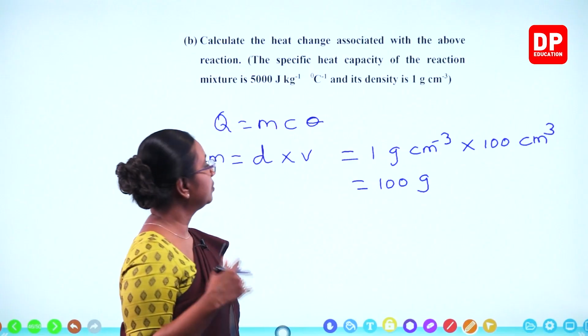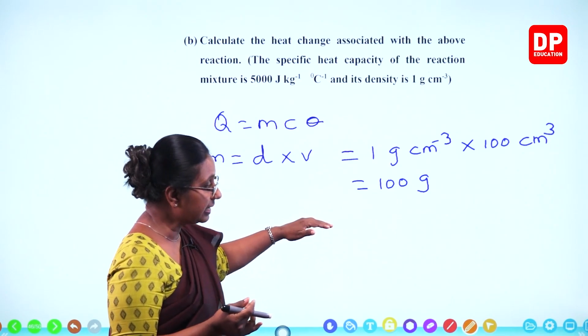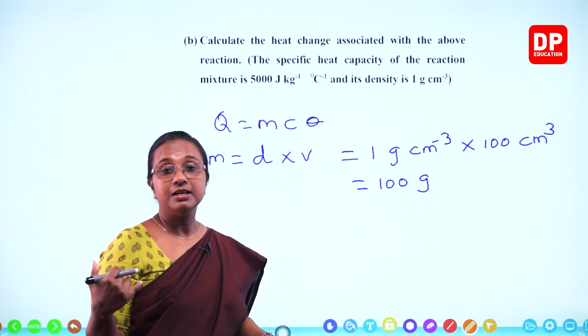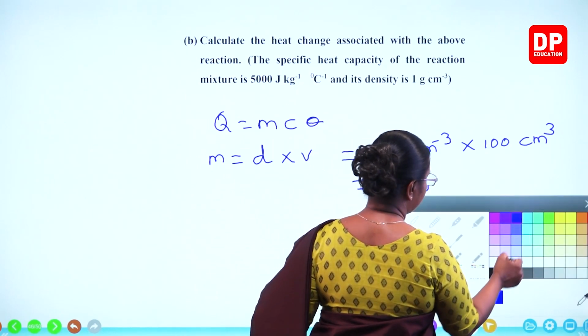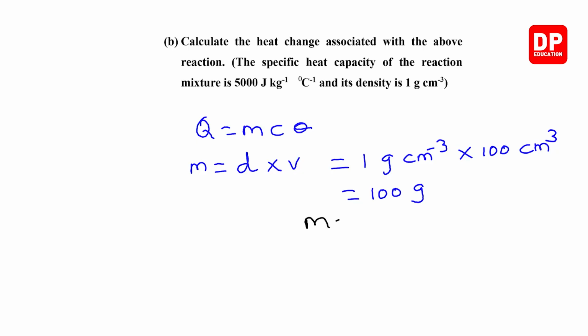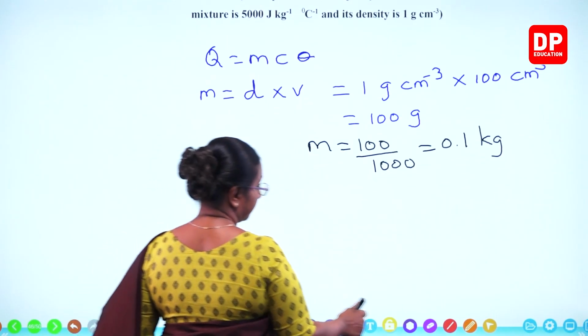But this also needs to be converted to kilograms. You can do that here, or you can do it with the calculation. So here I will write it with a different color. You can calculate the mass in kilograms. So that is going to be 0.1 kilogram. If not, with the calculation you have to do it.